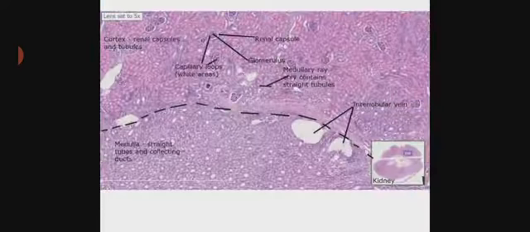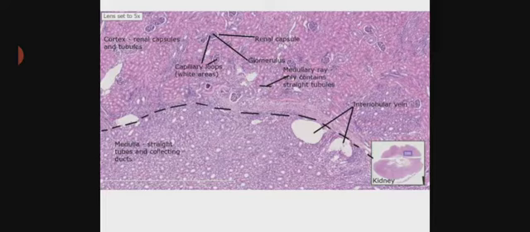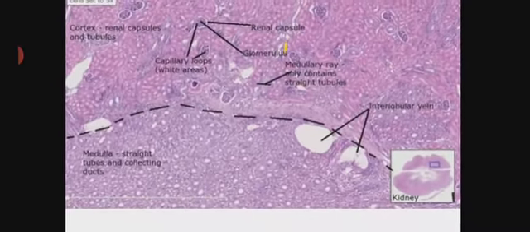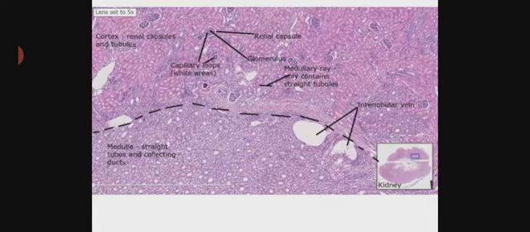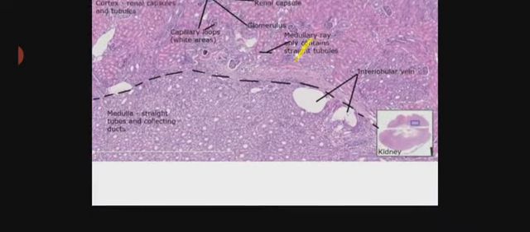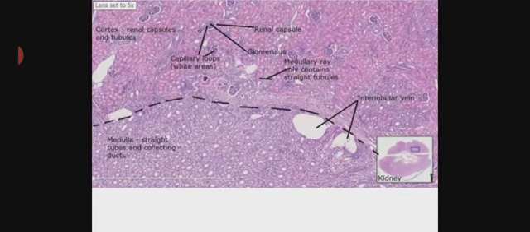Next, this is another sectional view of the kidney, wherein you can see the two divisions, the outermost region called the cortex and the inner region known as the medulla.